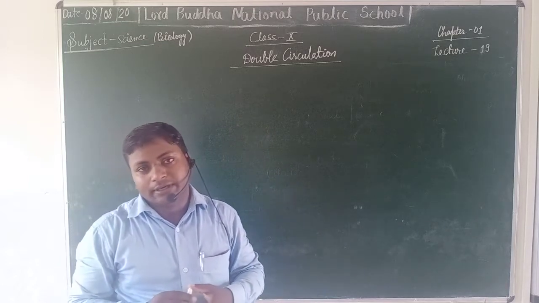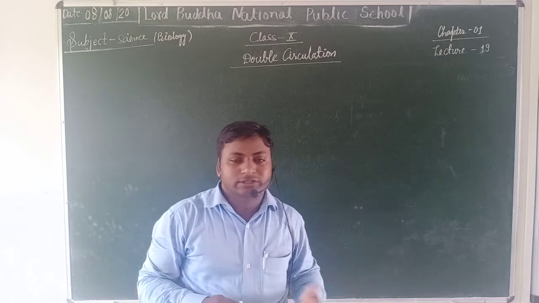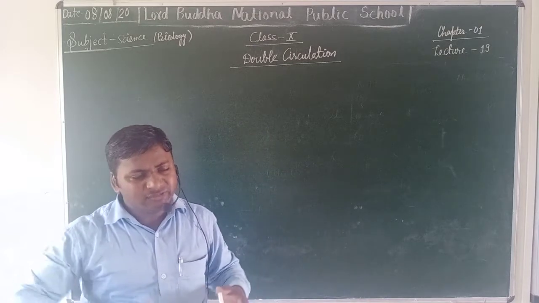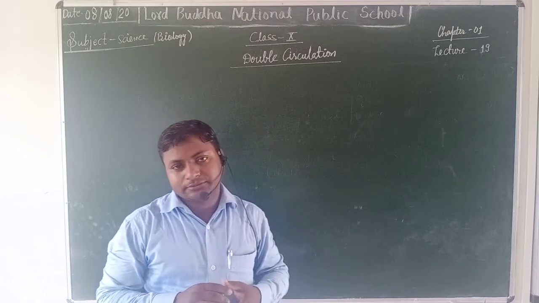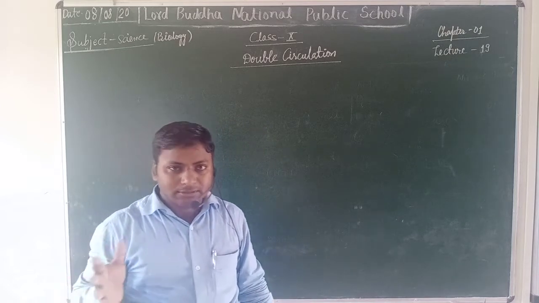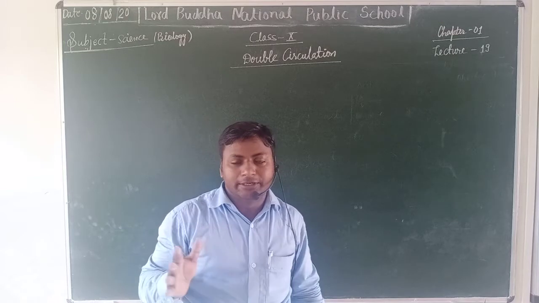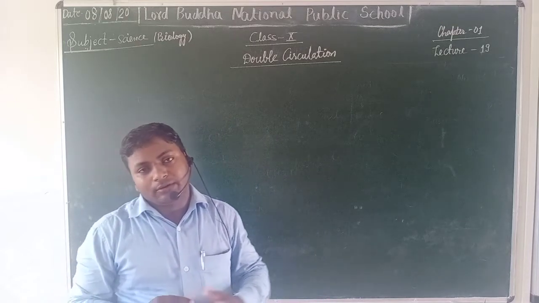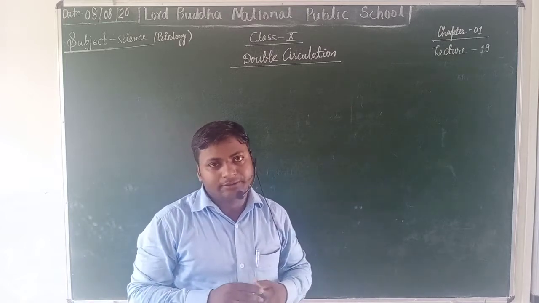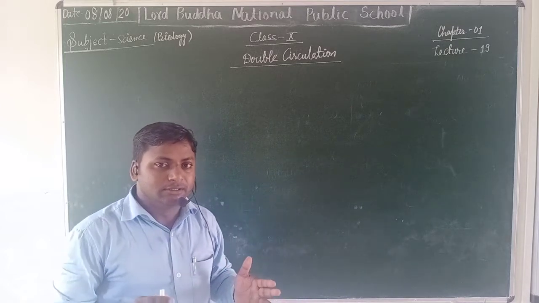They are oxygenated and deoxygenated blood, or you can say arterial and venous blood. Arterial means related to arteries, which always carry oxygenated blood, and venous means related to veins, which always carry deoxygenated blood.